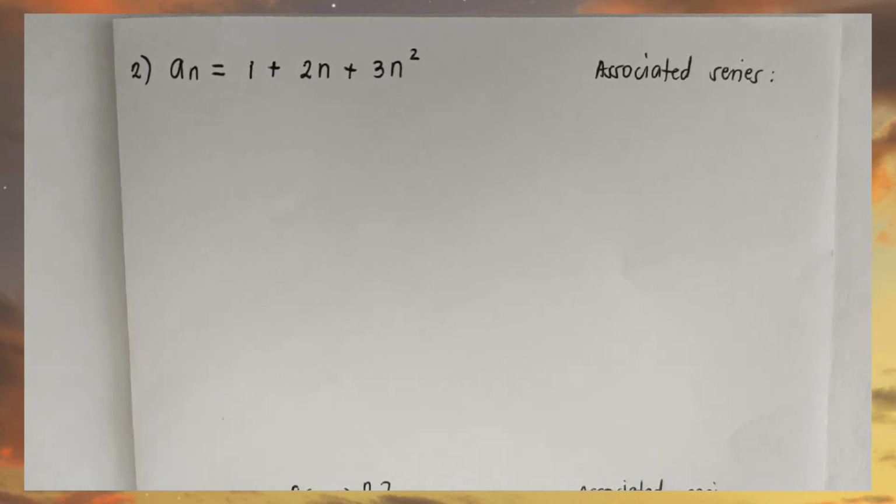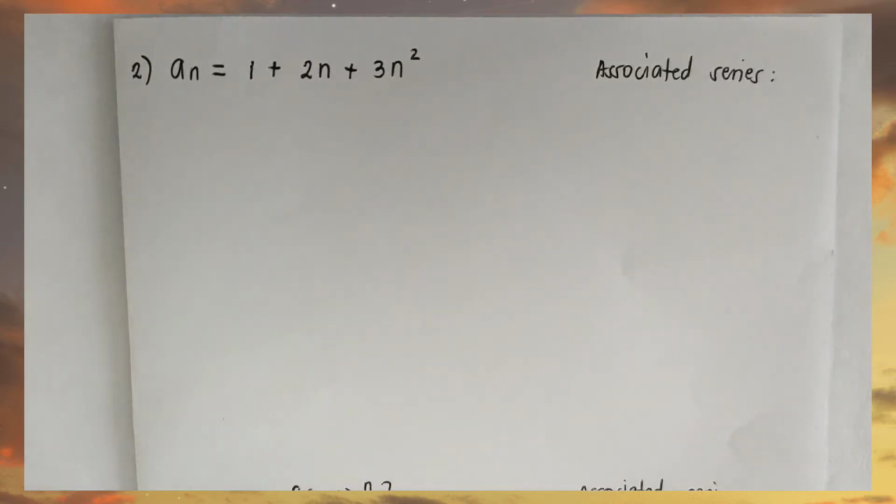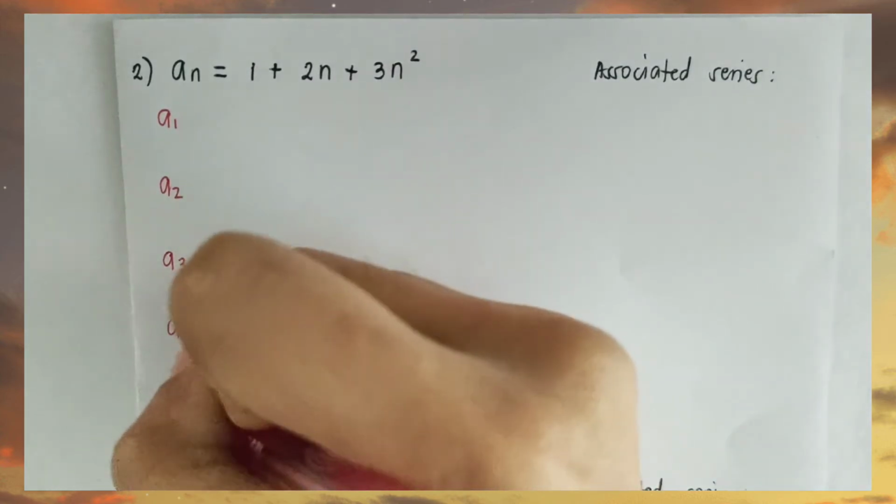We still need to determine the first 5 terms of each defined sequence and give their associated series. Again, the subscripts of A will be substituted to n. We have our first subscript of 1, A sub 2, A sub 3, A sub 4, and A sub 5.